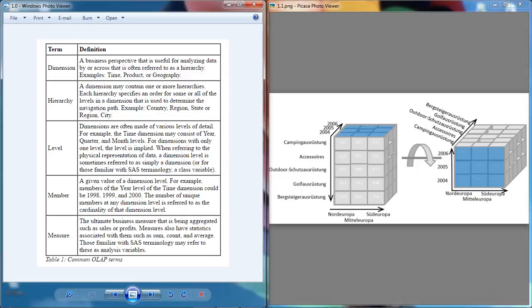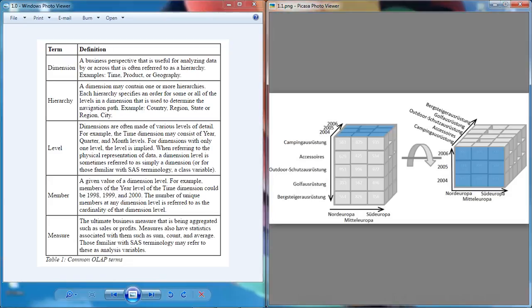First of all, dimension: a business perspective that is useful for analyzing data by or across, often referred to as a hierarchy. For example, time, product or geography.